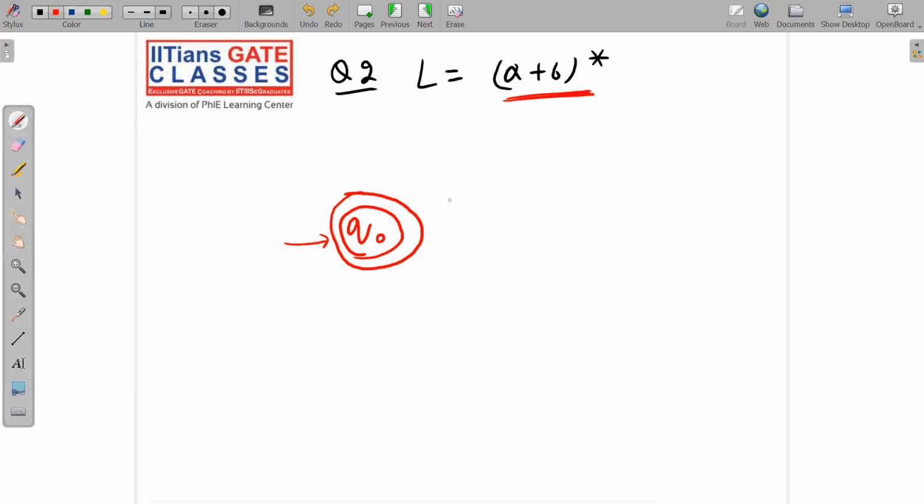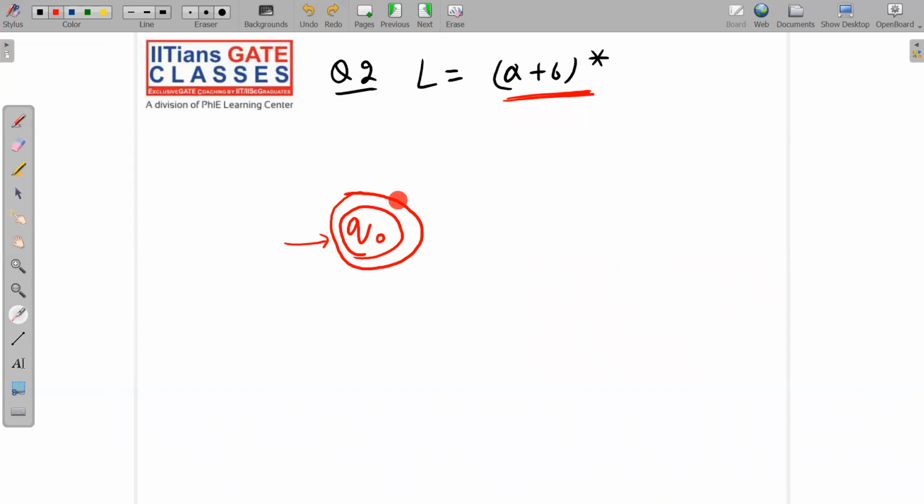Please note it down carefully. Each and every transition on a final state will be ignored by the Turing machine, and as soon as the Turing machine enters the final state, it will accept the string blindly.